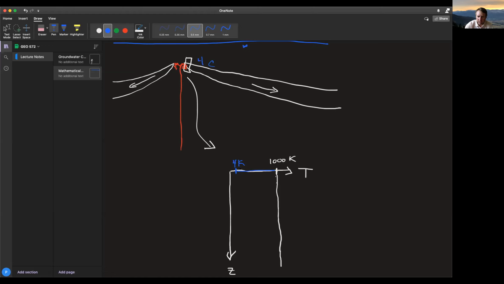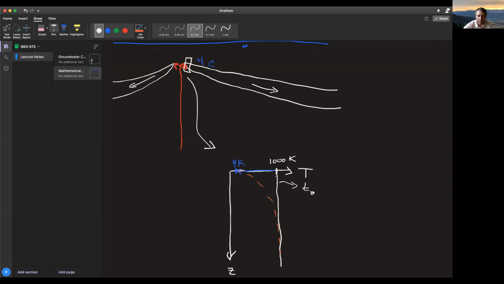All right, so it's this process that we're interested in. The top of my oceanic crust moves to 4 Kelvin. And what I want to do is be able to predict or model what the temperature profile in this basalt looks like through time. So at some time in the future, let's say this time here is T0, my initial cooling time.